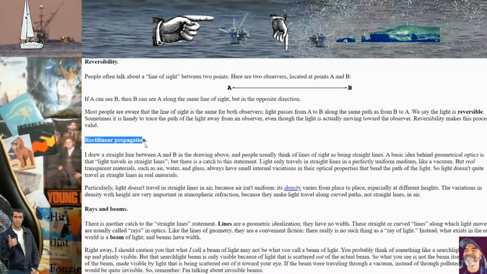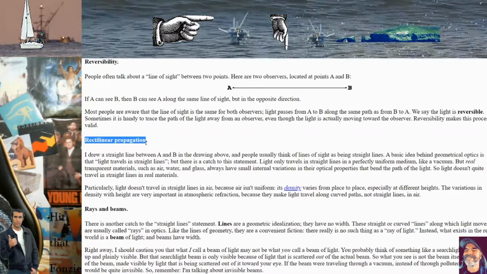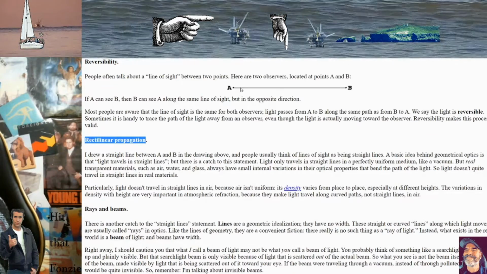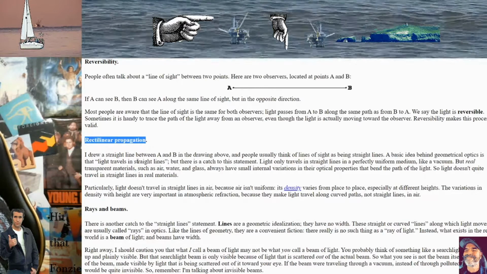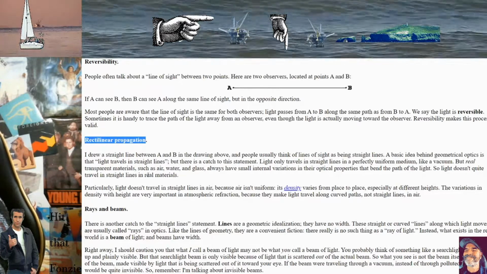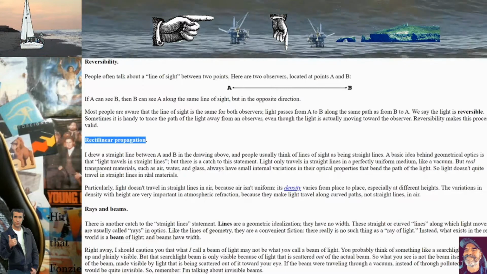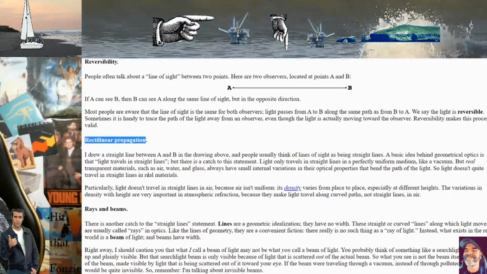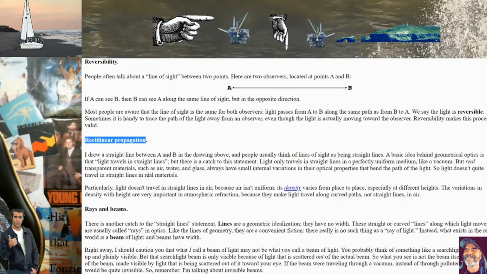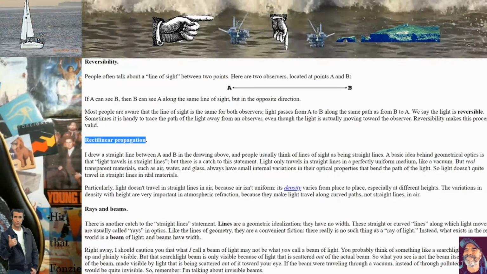Rectilinear propagation. I drew a straight line between A and B in the drawing above, and people usually think of lines of sight as being straight lines. That's because they are. A basic idea behind geometrical optics is that light travels in straight lines.